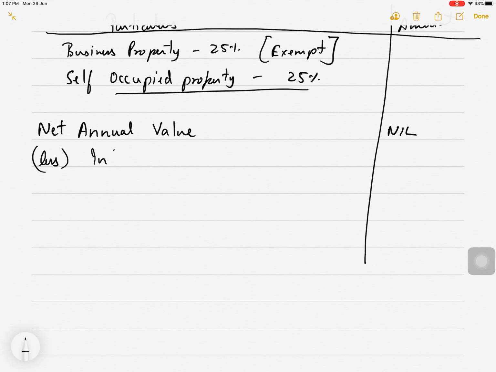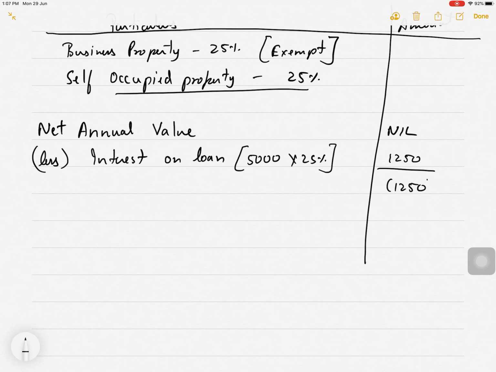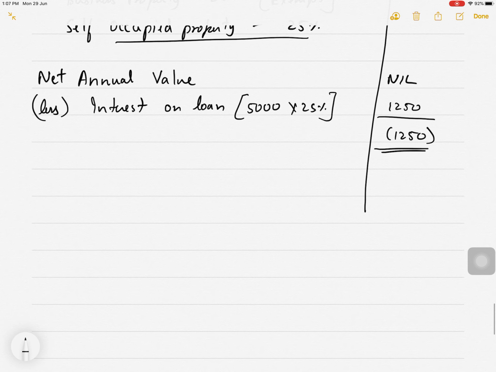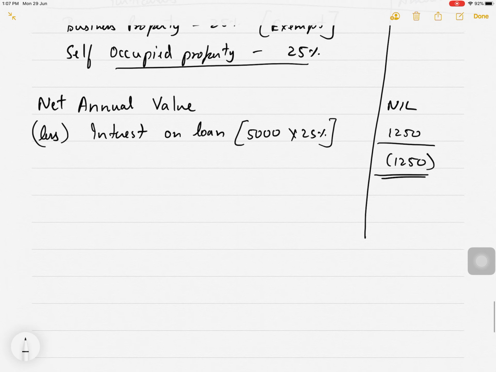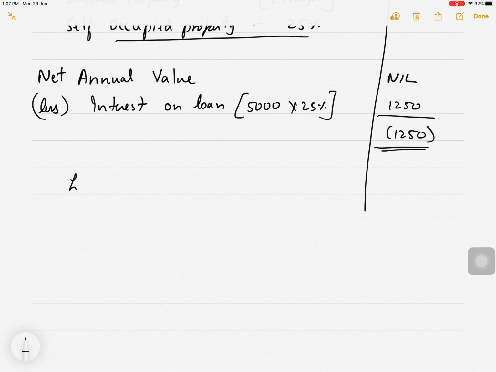Then there is only one deduction, which is interest on loan. Interest was 5,000. So 5,000 into 25%, which is 1,250. So 1,250 is your loss.